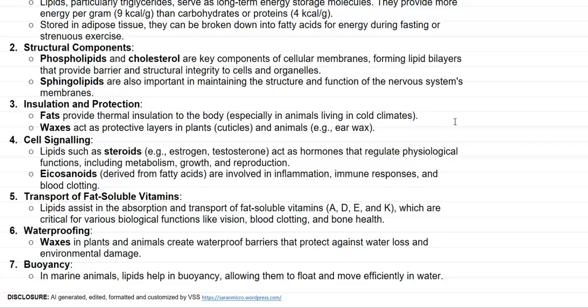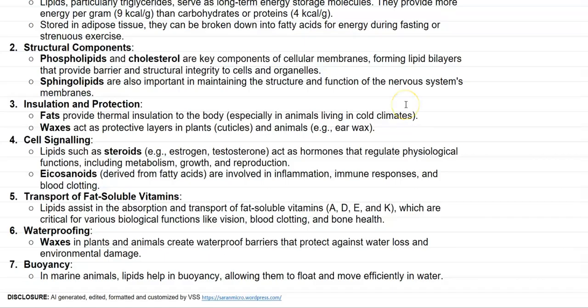Then there are certain special lipids called eicosanoids, which act as lipid mediators. They are mainly formed from 20 carbon containing fatty acids such as arachidonic acid, and they function as local hormones of short half-lives. Thus, they are involved in inflammation, immune responses as well as blood clotting.